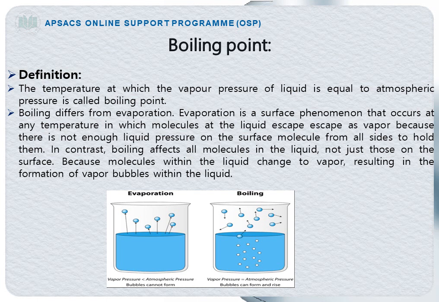In contrast, boiling affects all molecules in the liquid, not just those on the surface, because molecules within the liquid change to vapor, resulting in the formation of vapor bubbles within the liquid.